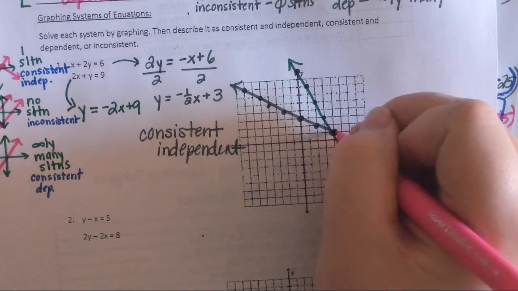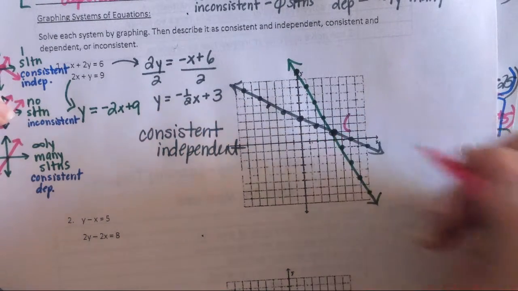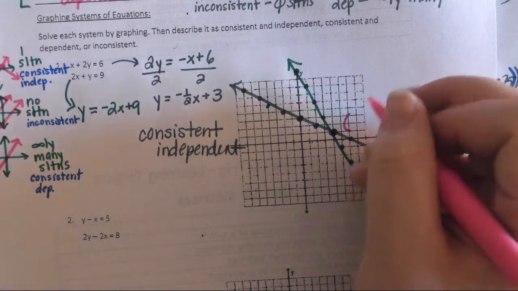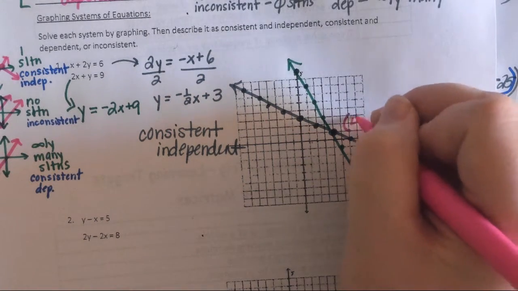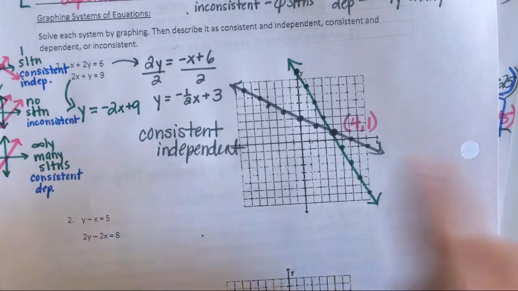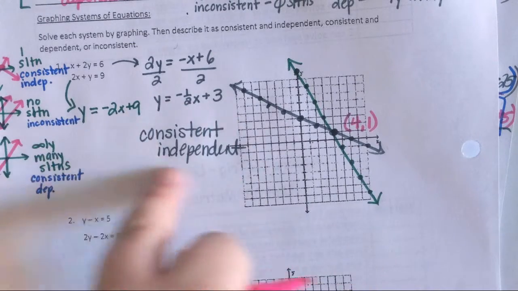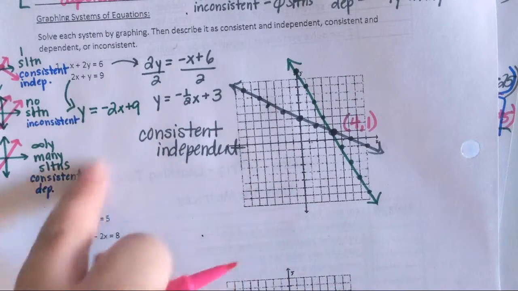Exactly at what point were they crossing? Was it you again, Kelsey? Okay, 4, 1. So our solution is at (4, 1). That's where they cross. That's what the solution is. But using the right vocab terms, like the directions suggest, consistent and independent.